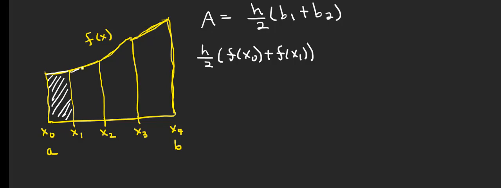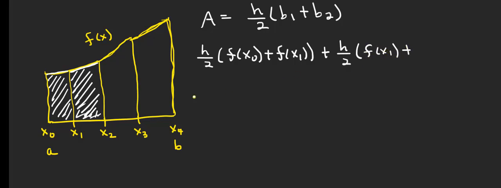Now, how do you find the area of the second trapezoid? That's going to be h over 2 times, what is base 1 now? It's going to be f of x1 plus f of x2. And how do you find the area of the third trapezoid?